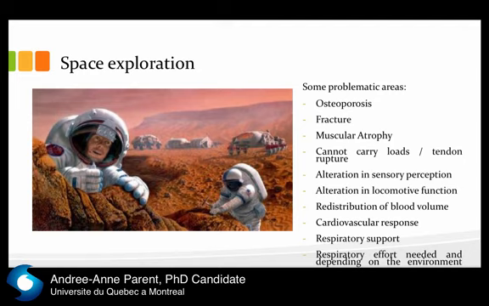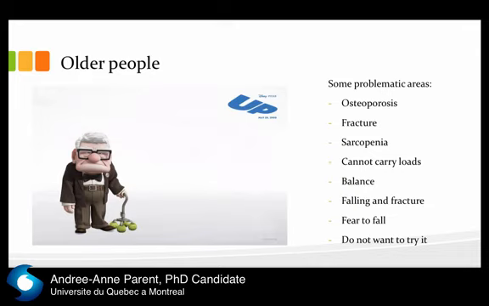Also, the respiratory support: you have to think about if they have a spacesuit with the exoskeleton, or if the exoskeleton is the spacesuit. Because with the respiratory support, you need to know with the respiratory effort if they need different exchange of O2 or CO2, if they have more pressure, or depending on the environment, if they have particles really dangerous. So you need to think about everything about the respiratory support.